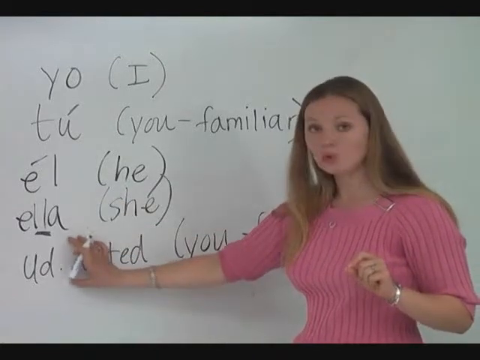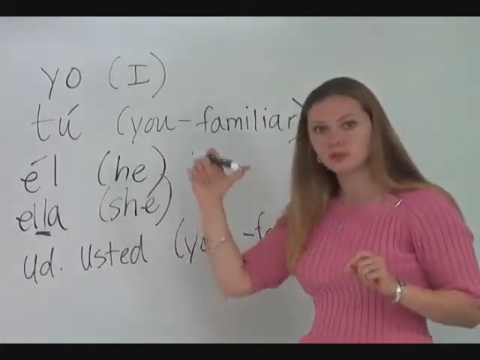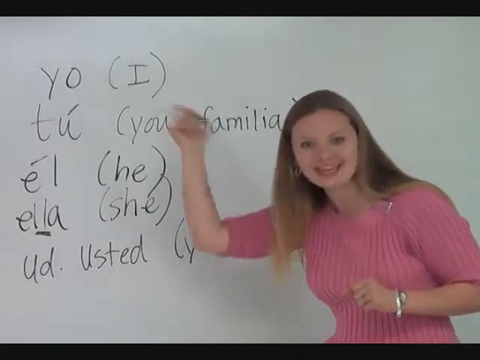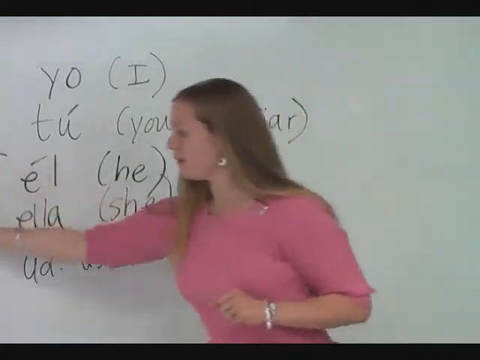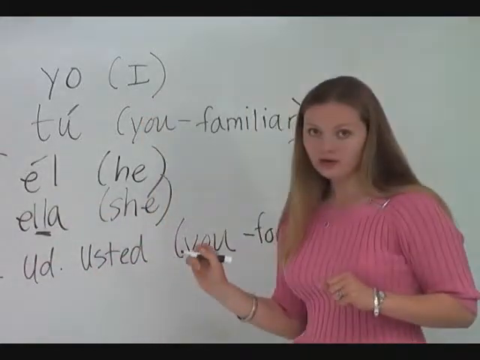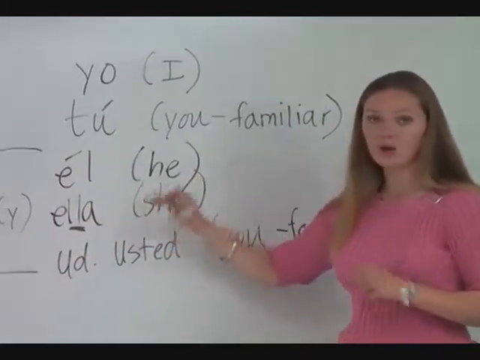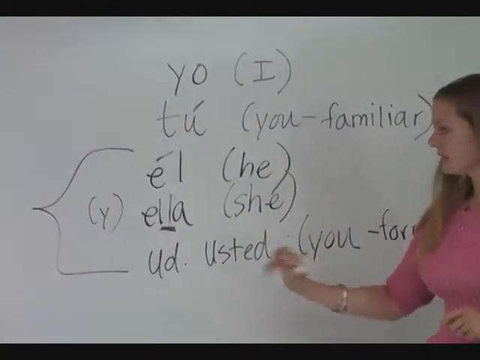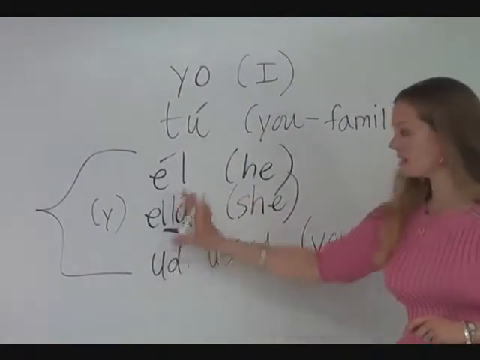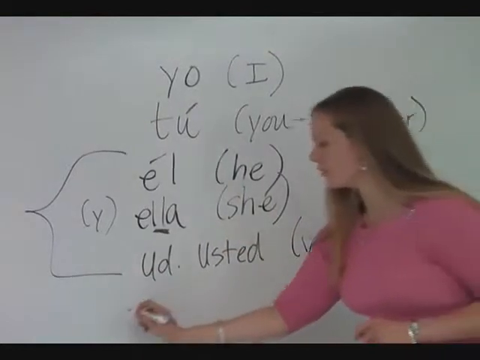And remember, usted is very formal, so we're going to do a little curtsy. Usted. Yo, tú, él, ella, and usted. These are grouped together because they share one form of the verb. We'll talk more about that in a minute. So we have él, ella, and usted. This is our singular third-person group.